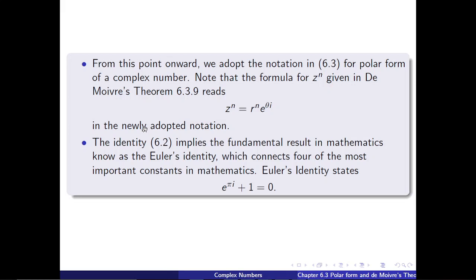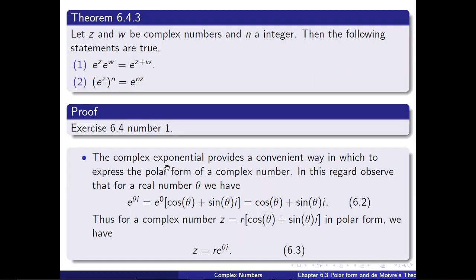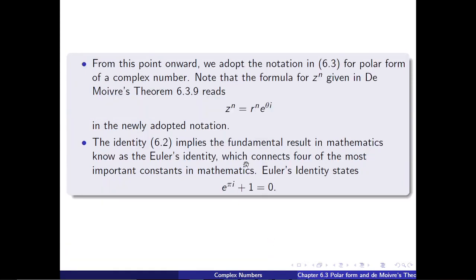In the newly adopted notation, I think here there is something missing. It's n theta i here instead of theta i, right?